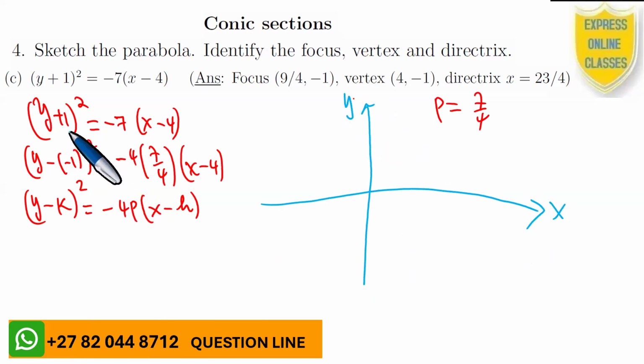Because y is a negative, and rather the x minus 4 is associated with a negative. So x is negative this way, and x is positive this way, so this one means that it opens on the side.